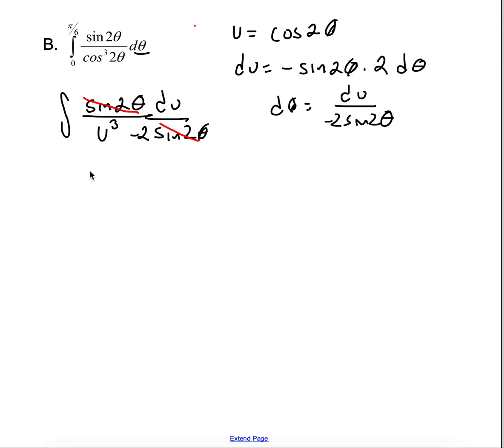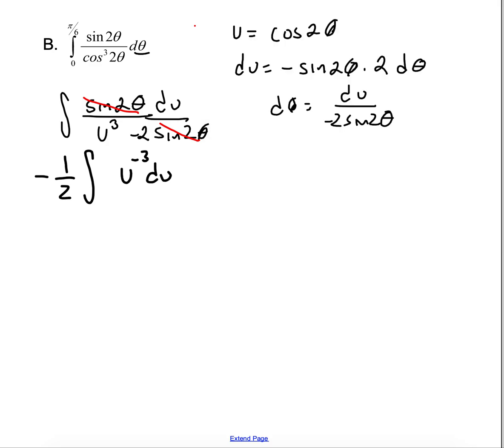Now I'm left with negative 1/2. Take out the negative 1/2, and we're left with u to the negative third du. But we're still missing our new upper and lower bounds.